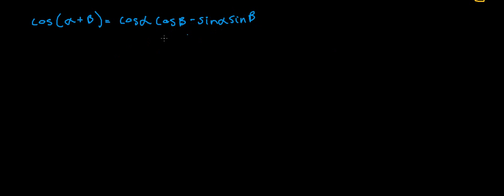There's no point. But here's one for cosine alpha plus beta, and then there's also sine alpha plus beta. And that is equal to sine alpha cosine beta plus cosine alpha sine beta.